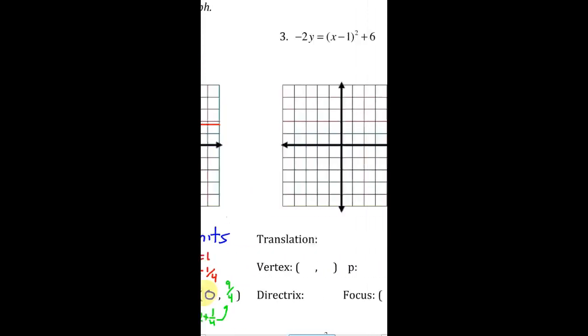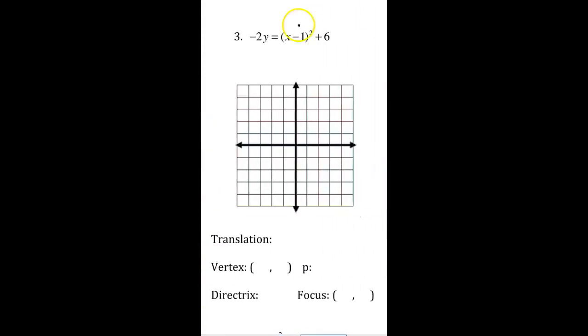Okay, let's do number 3. Now you can see this is very far from the form that we want to have. So recall that we want to have 4p, some number, positive or negative, parentheses, and then y, and then plus or minus some number, right? And then we have on the other side just parentheses squared.